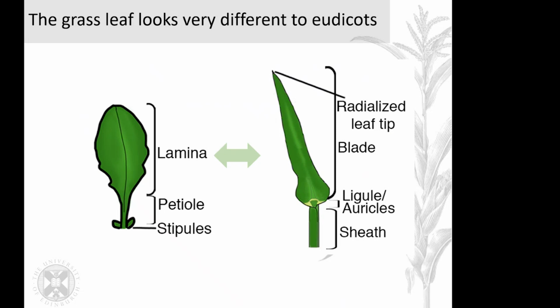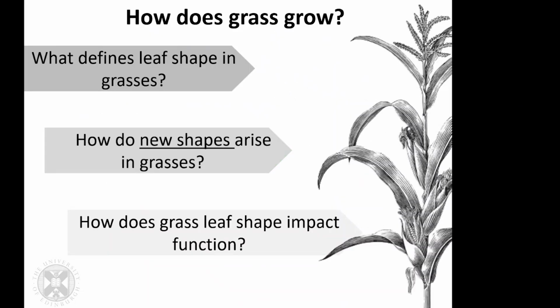We know a reasonable amount about how this kind of leaf structure forms because of model plants that we work with in the lab. But given how important grasses are, we know remarkably little about how the grass leaf develops. And so that's why I became fascinated in grass leaves. And so we're asking questions about how the grass grows. How does grass grow? What defines the leaf shape in grasses? How does this new leaf shape arise?